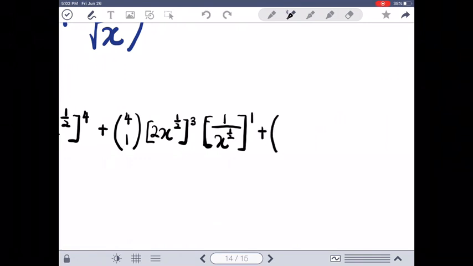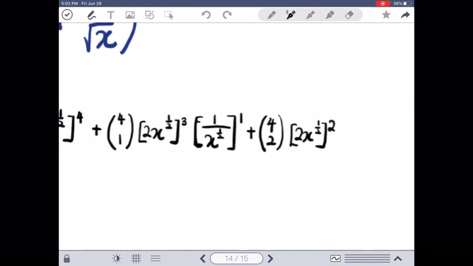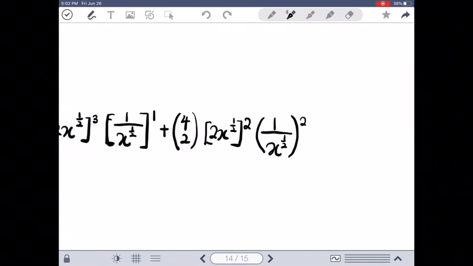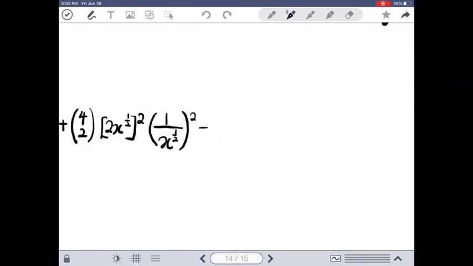Okay, so the next pattern is the same. For 4C2, (2x to the power of 1 over 2) to the power of 4 minus 2, which is just 2. B is (1 over x to the power of 1 over 2) to the power of 2.